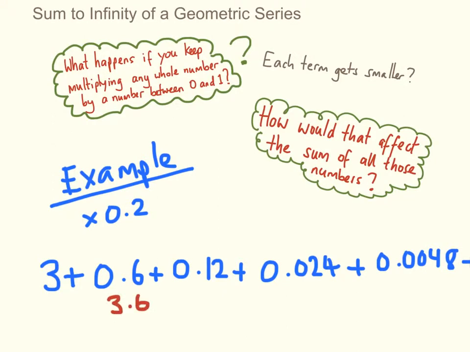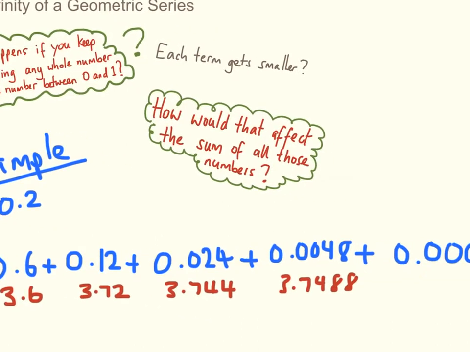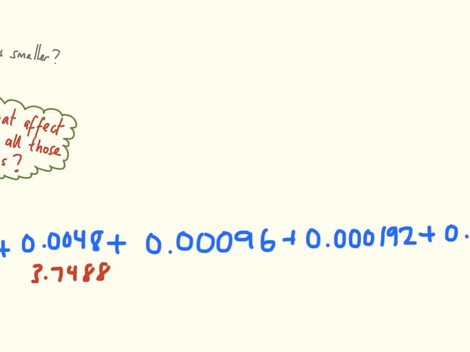Okay, so let's just work out the sum as we go along, look. So by the second term, my sum would be 3.6, then 3.72, then 3.744, then 3.7488. So let's just scroll across. I'd have 3.74976, 3.749952.